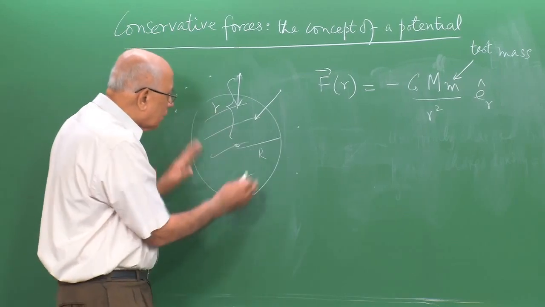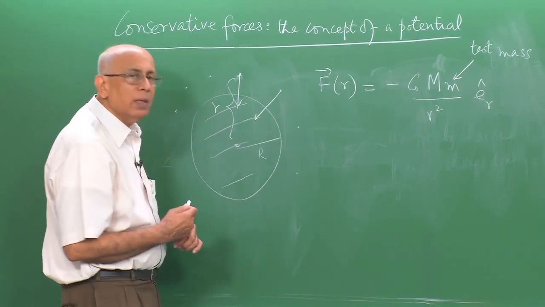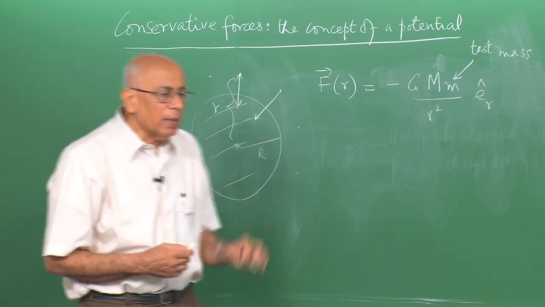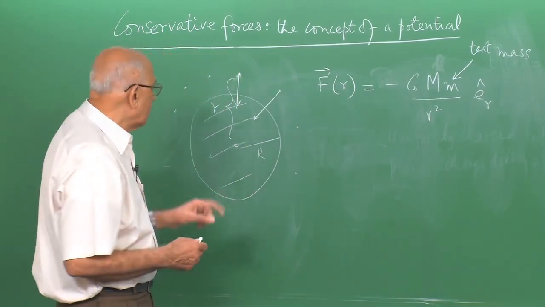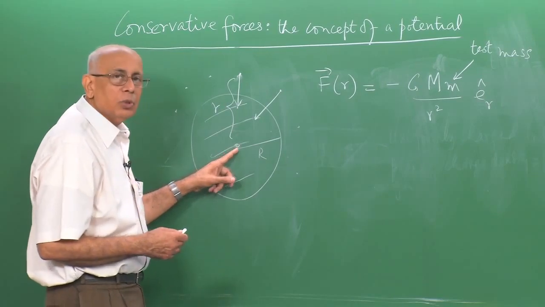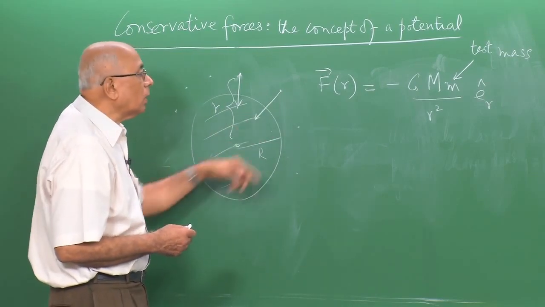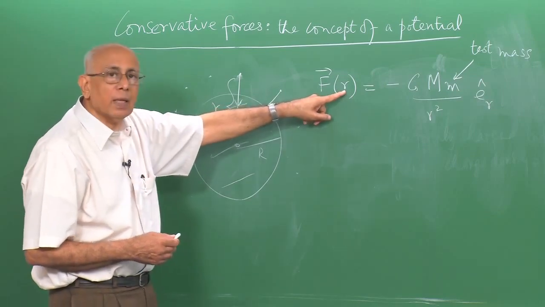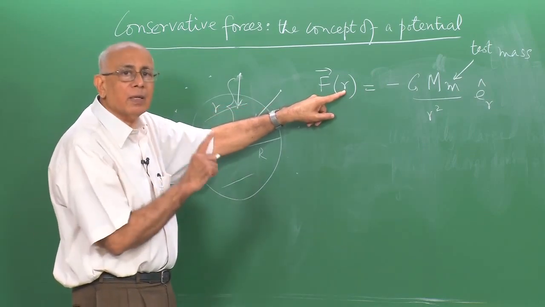There too, if you have a spherically symmetrical charge distribution, we will see that the potential at any external point is dependent only on the radial distance from the center of this charge distribution to the point concerned, and not on the angular coordinates. That's the reason I have written r here rather than write r, theta, phi.